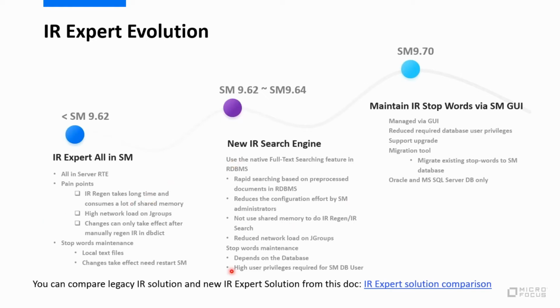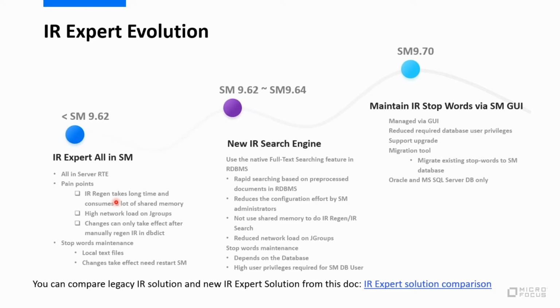This picture shows the IR expert evolution. Before Service Manager 962, we had the IR expert, including the searching engine, inside Service Manager. There are several pain points for using the old or legacy IR expert. Firstly, when people do IR regen, it takes a long time and consumes a lot of shared memory.